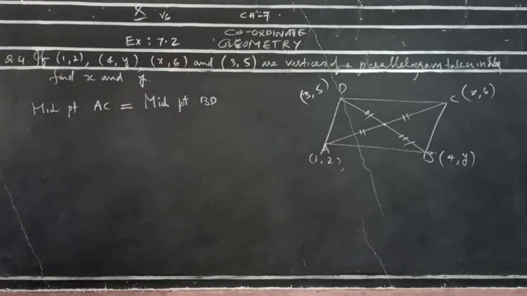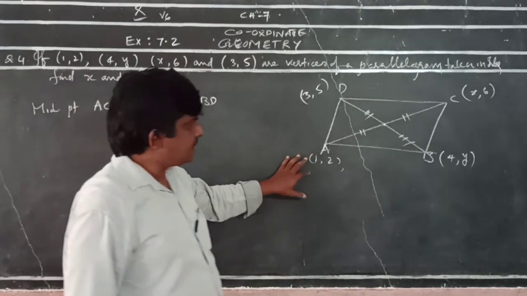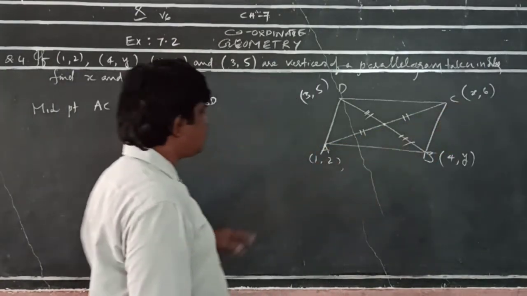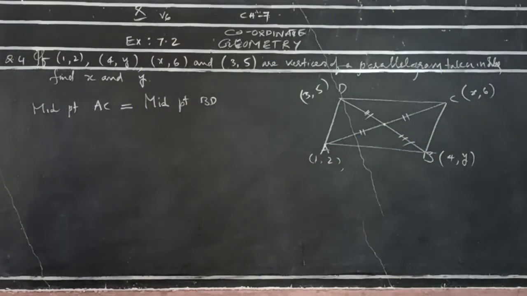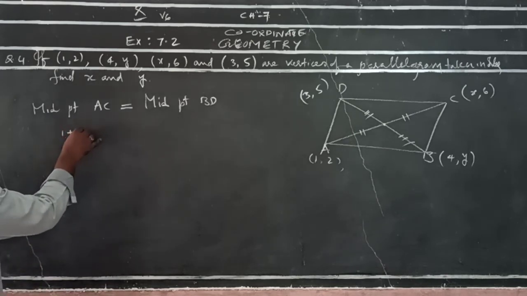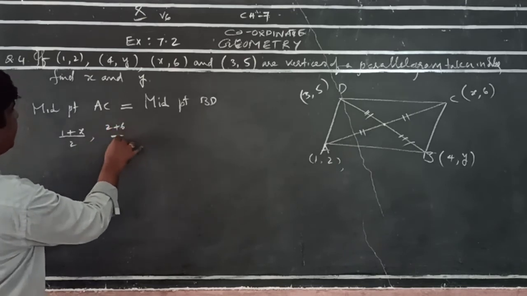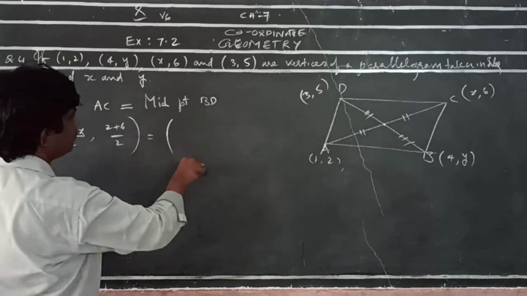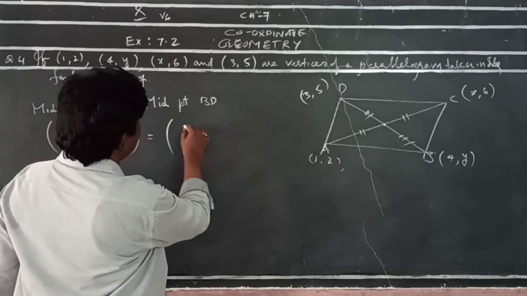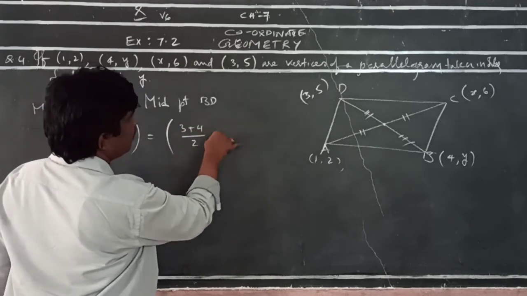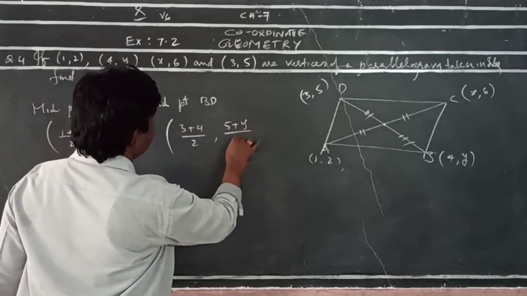So this is A and C. What is the midpoint? (x1 + x2)/2 and (y1 + y2)/2. Here (1 + x)/2 and (2 + 6)/2 is equal to this midpoint, (3 + 4)/2, (5 + y)/2.